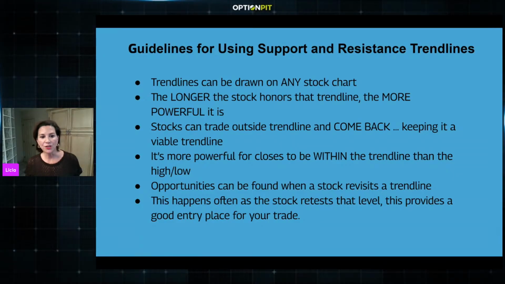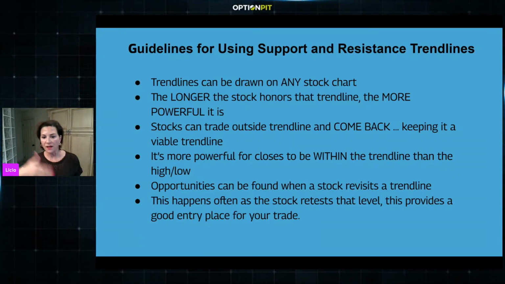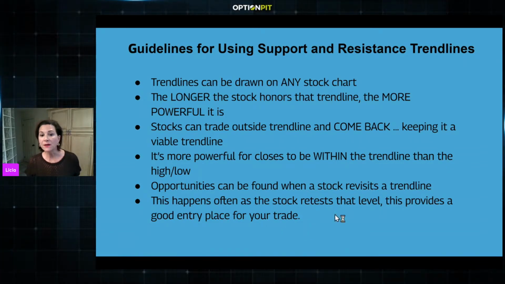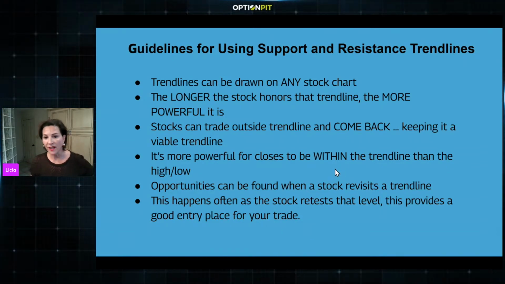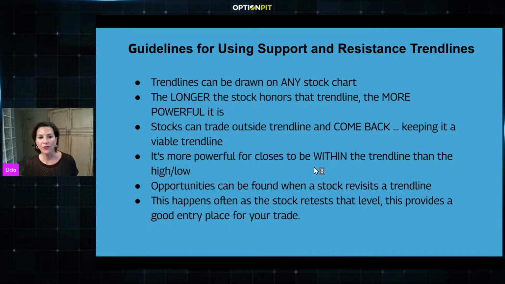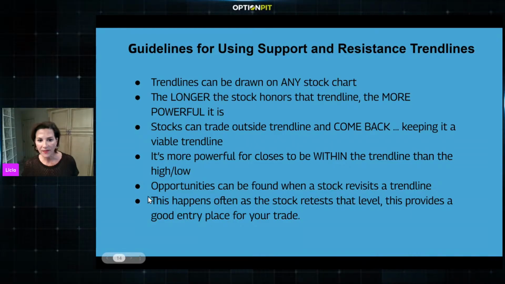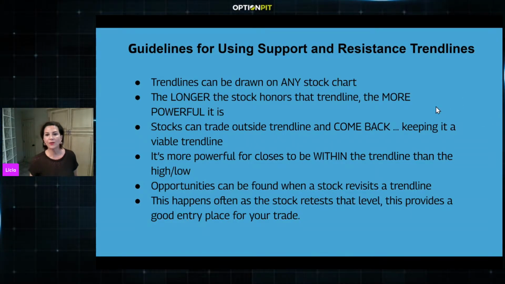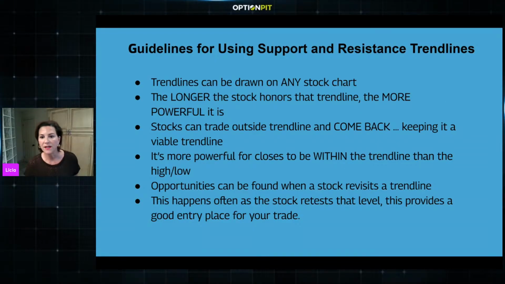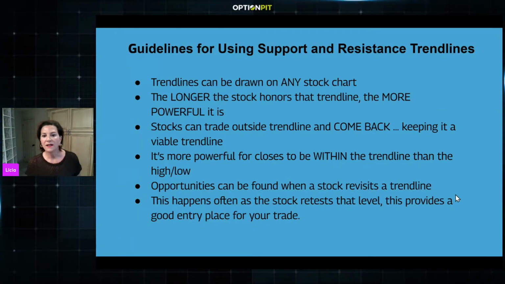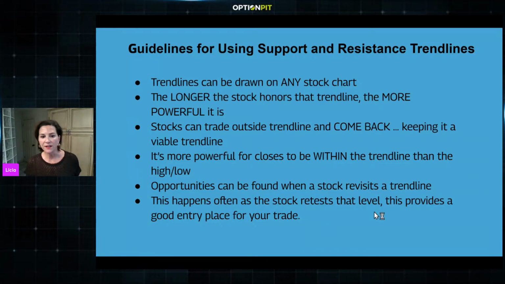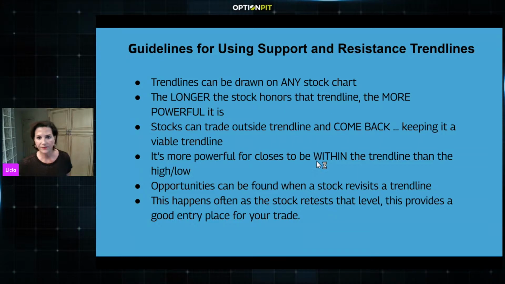And as we've all seen, you can not honor a level intraday, but then manage to close within that support or resistance level. So the close is always more powerful than the intraday. The opportunities are found when the stock revisits that trend line. You have proof that it stopped there before and reversed. Is it going to happen again?